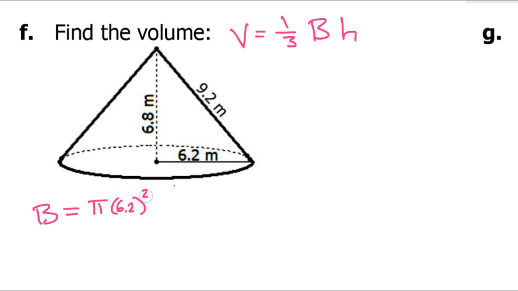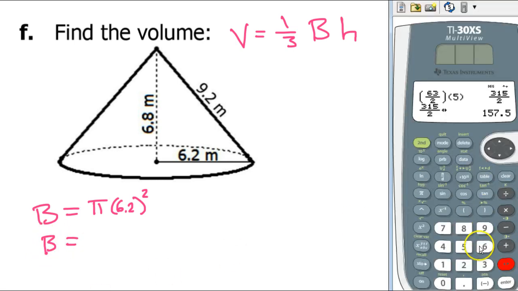Okay, look, with that decimal there, I know I'm going to get a decimal if I put this in my calculator. Pi times 6.2 squared is going to give me this.